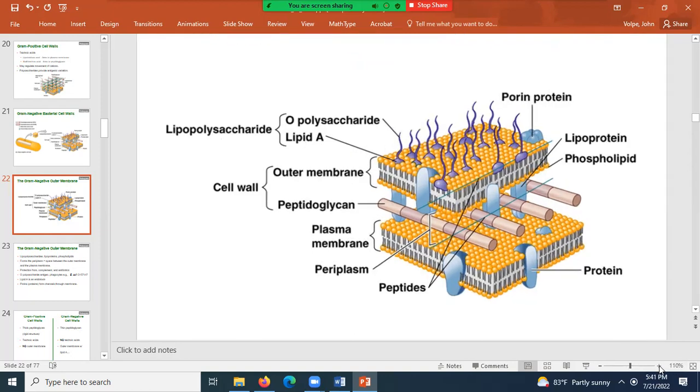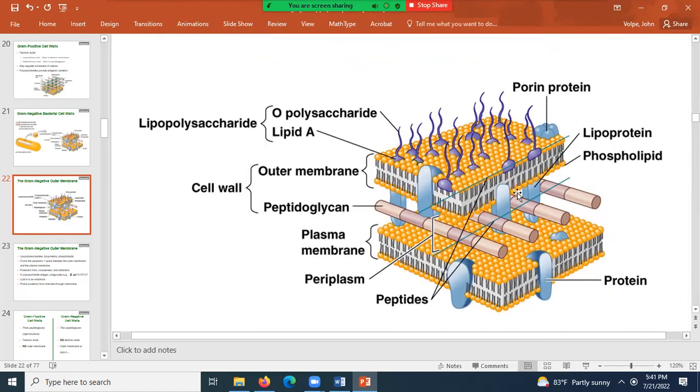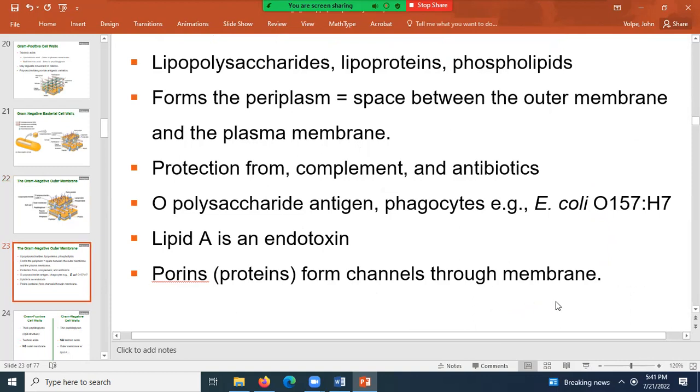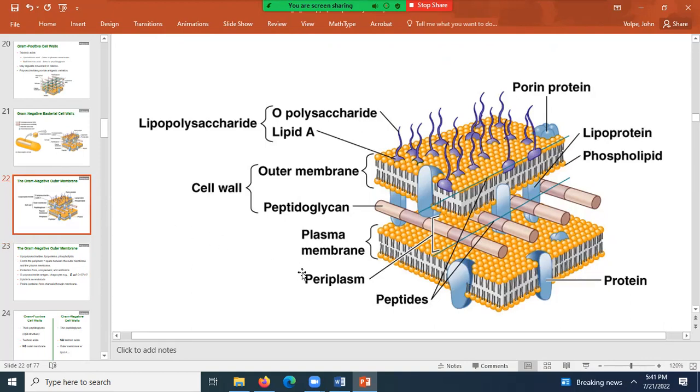And in the lower bilayer, it's almost all of the molecules of the outer membrane. Obviously, the porin protein goes through the lower portion of the outer membrane of the cell wall. You probably don't need to know about the periplasm, but that's the name we call for where the peptidoglycan is in the cell wall.